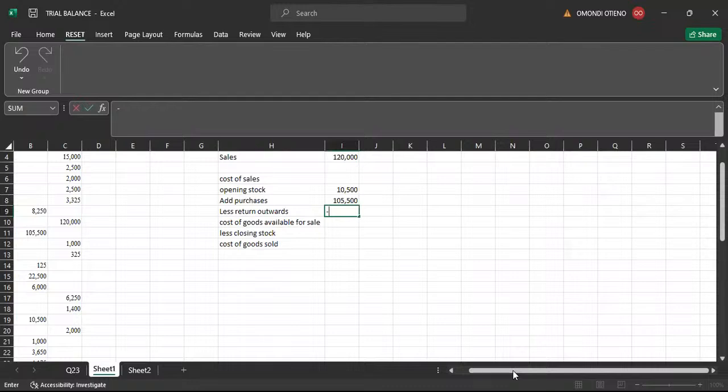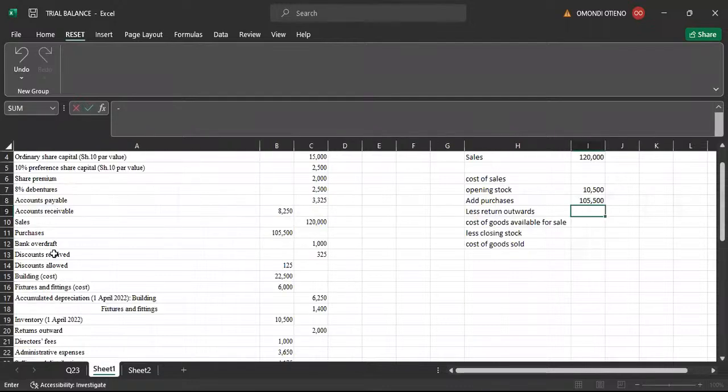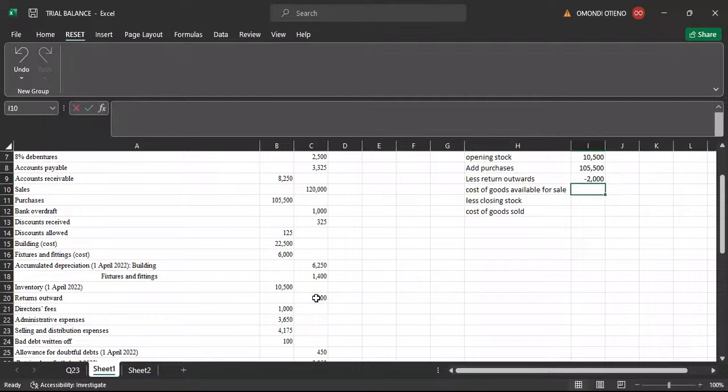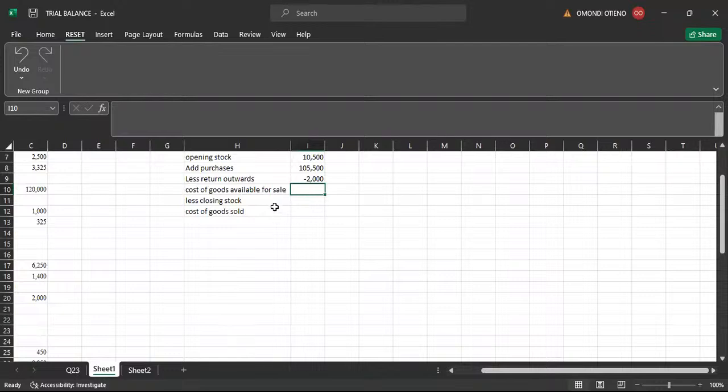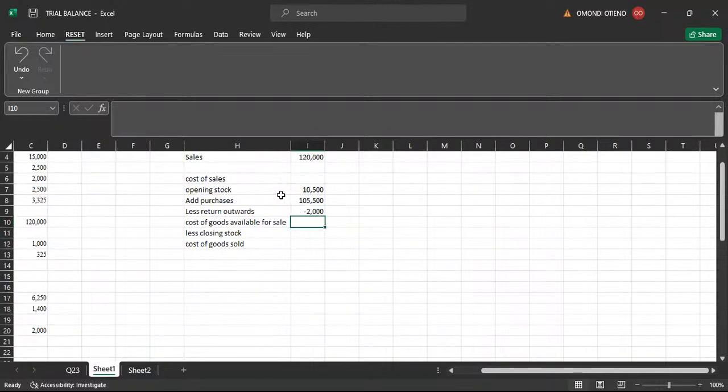I can just indicate a negative there and pick my return outwards, which you are able to identify is here. And then we get cost of goods available for sale. So it is opening stock, add purchases, less return outwards. Because I've indicated a negative, I just get the summation of this, and because it is negative, it will reduce that. Of course, this one here is 116,000 minus 2, I expect to have 114,000.